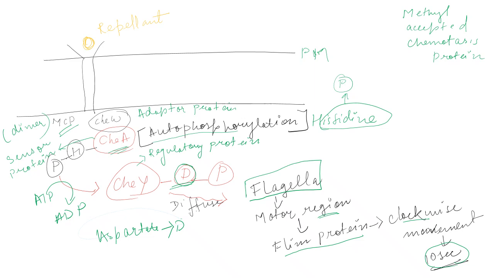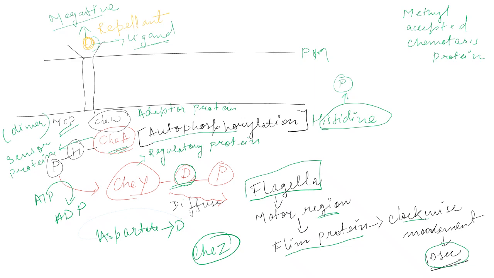Within these 10 seconds, the signal has been given that this particular ligand is negative, and that's why within 10 seconds it moves away from this ligand, or repels from this ligand. As it is a repellent, it will repel.